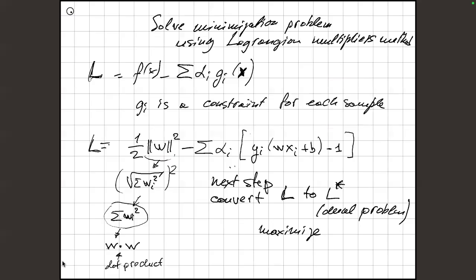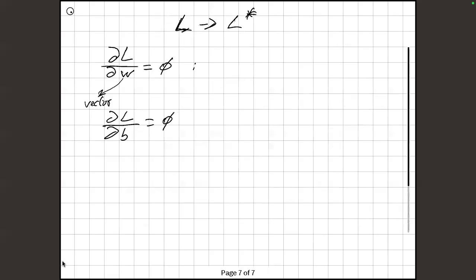Here, for example, if you open up the parentheses with respect to w, it will be a sum of alpha i, y i, and this thing. This x i will remain in the derivative. So that will be w. Again, this is our vector. It's all in vector form, so don't forget it.